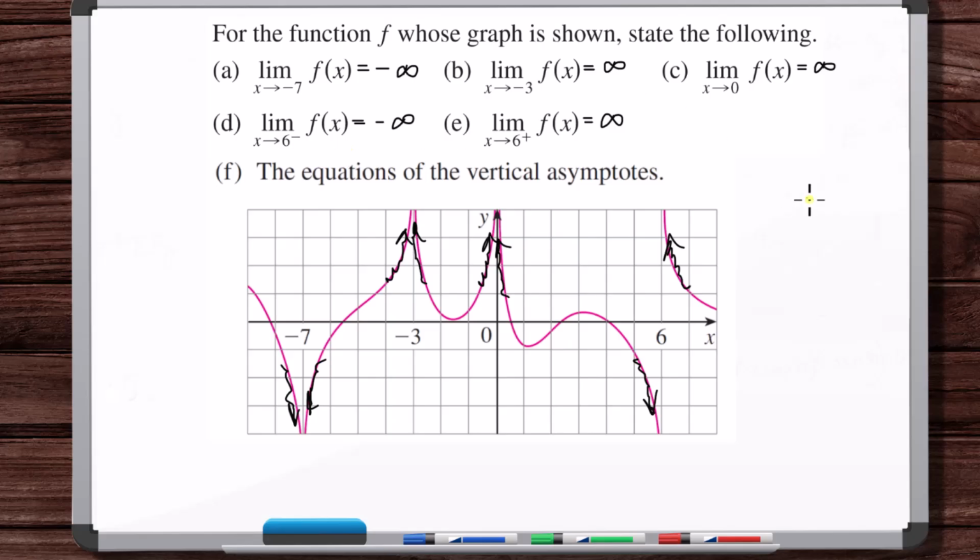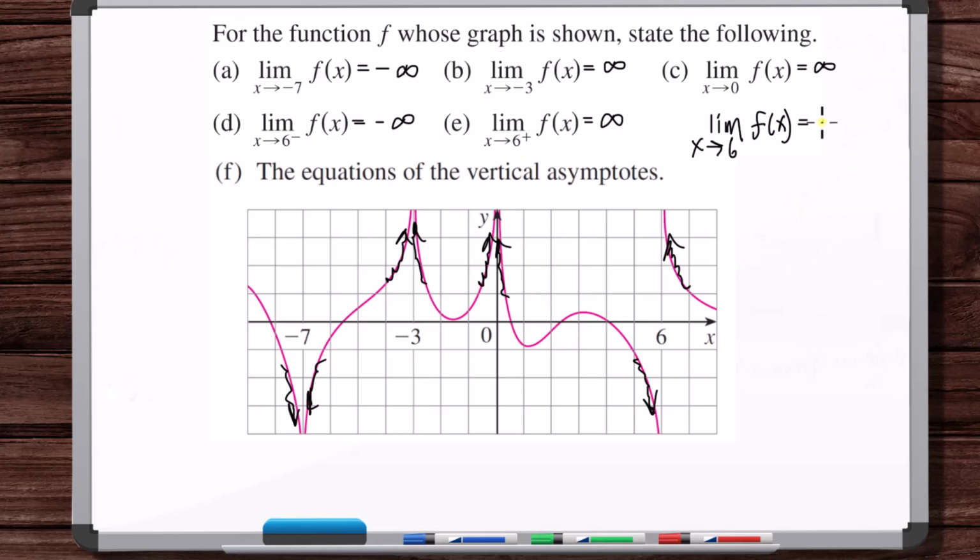Now they don't ask this, but what would the limit as x approaches 6 in general of f of x be? Well, that wouldn't exist, because these one-sided limits are different. An infinite limit technically doesn't exist, right? Because it's not a specific number, but we express these types of limits that don't exist using the infinity symbol like this.